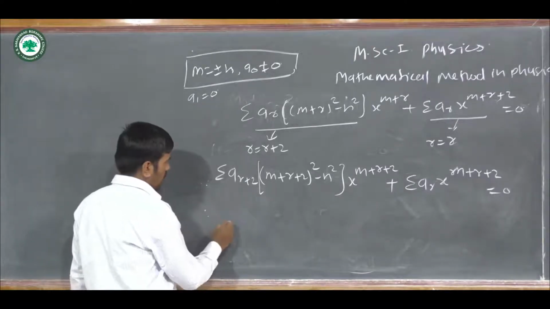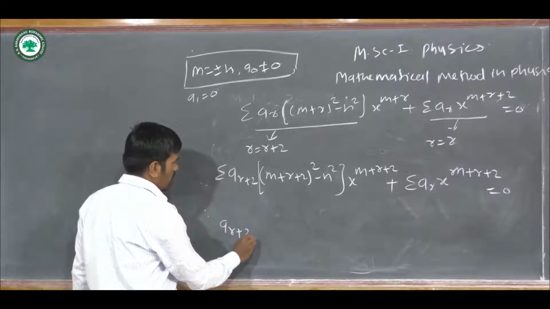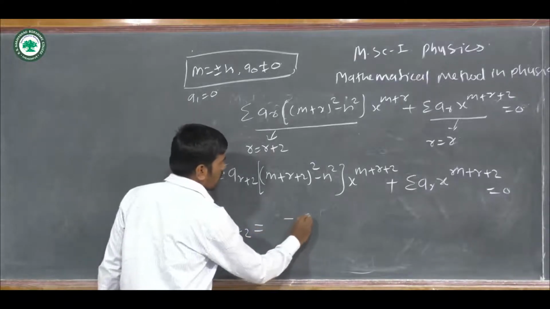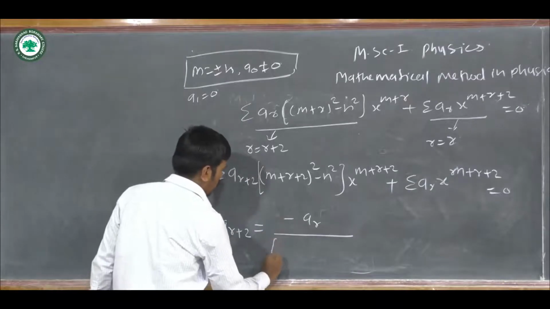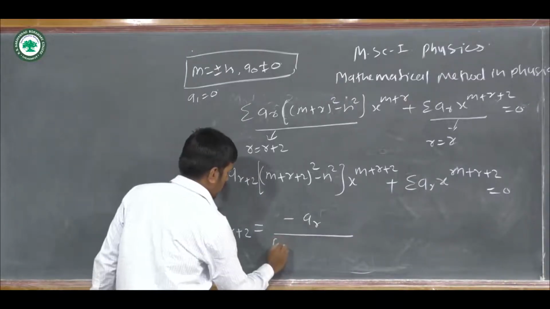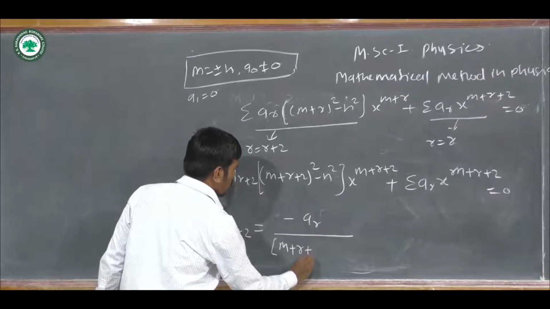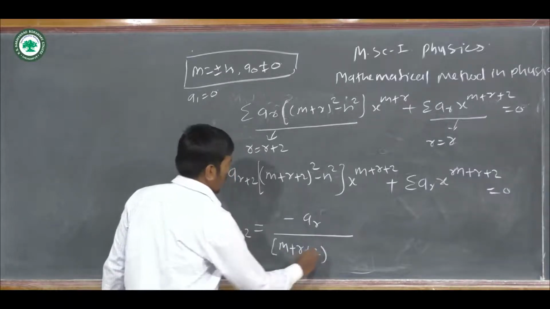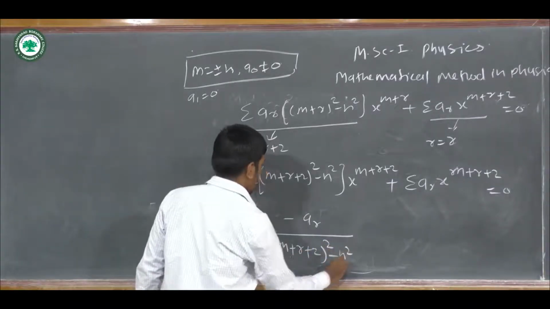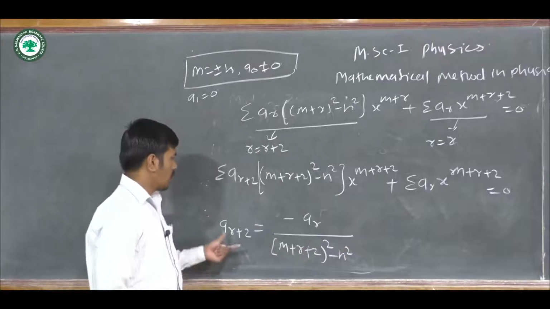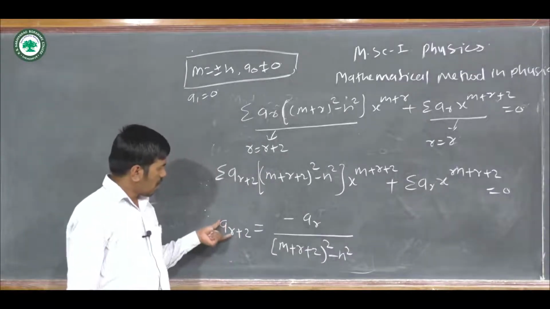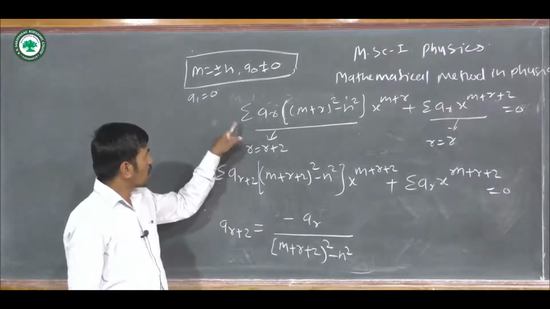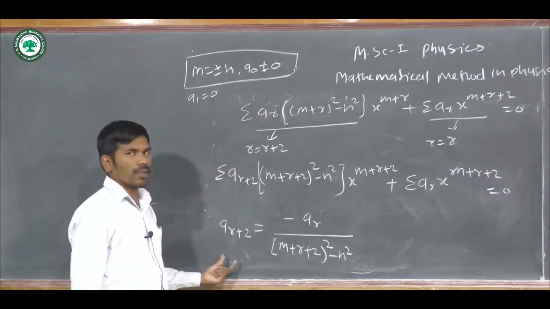So from this we can write a r plus 2 is equal to minus a r divided by (m plus r plus 2) bracket square minus n square. Okay, so from this we can find the coefficients a naught, a1, a3 and so on.